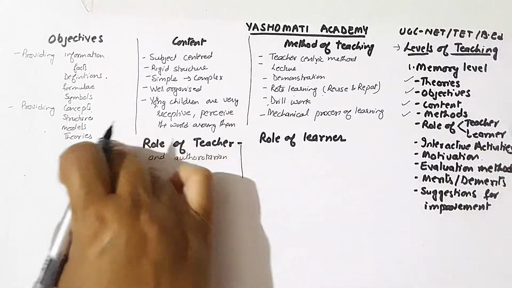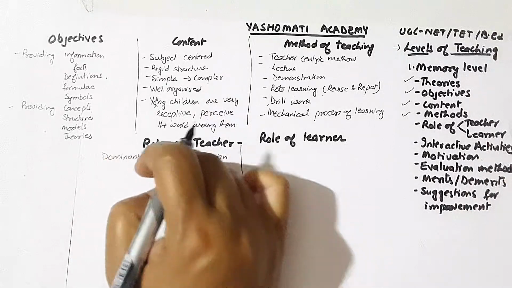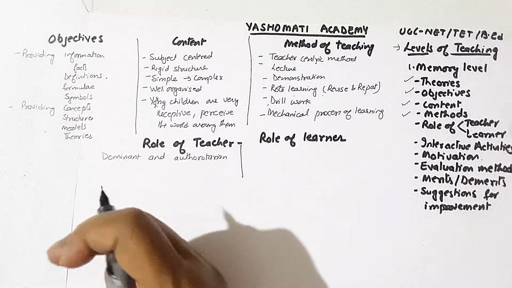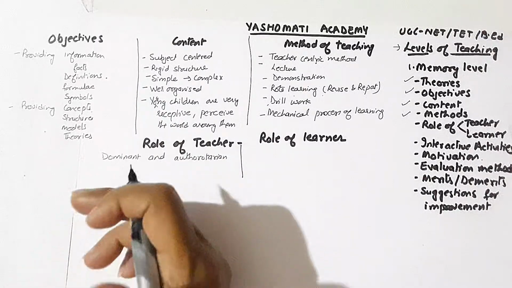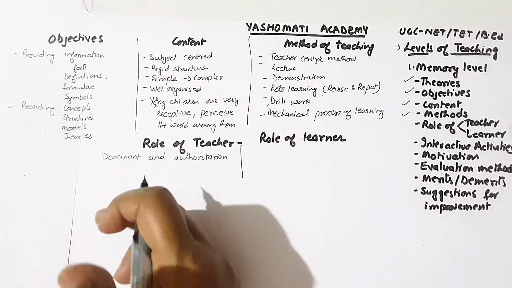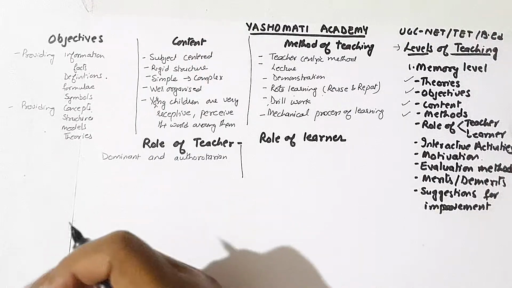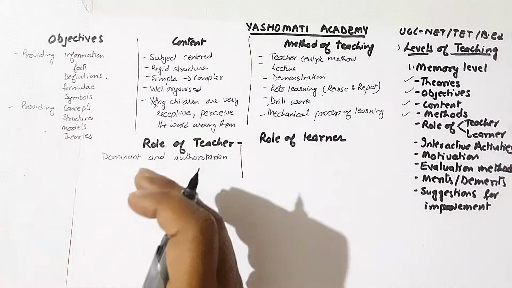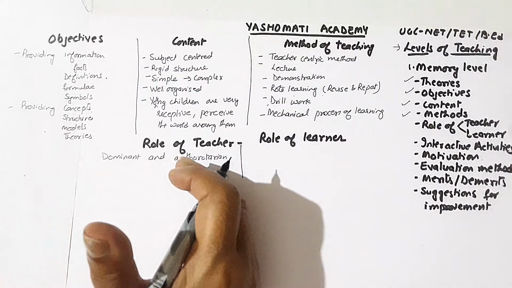So all the decisions are to be taken by the teacher. The teacher decides what material is to be taught, how it is to be taught, when it is to be evaluated, what activities are to be done, how it is to be sequenced. Everything is done by the teacher, and the teacher is the supreme authority.